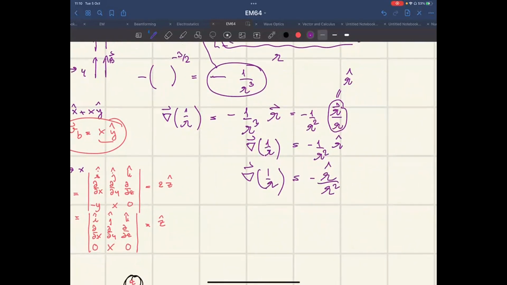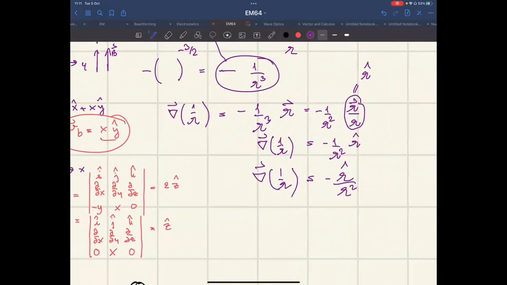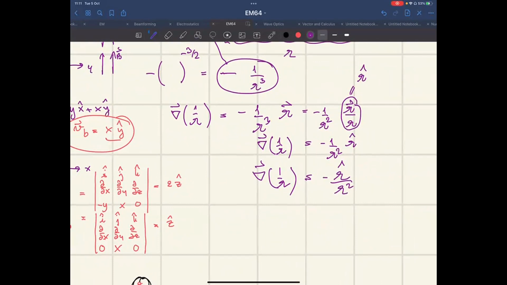Okay. Now, we are going to try to generalize what we just did for A and B. So the last problem is, what is the general formula for gradient of R with the power of n? So we try to generalize the whole thing.